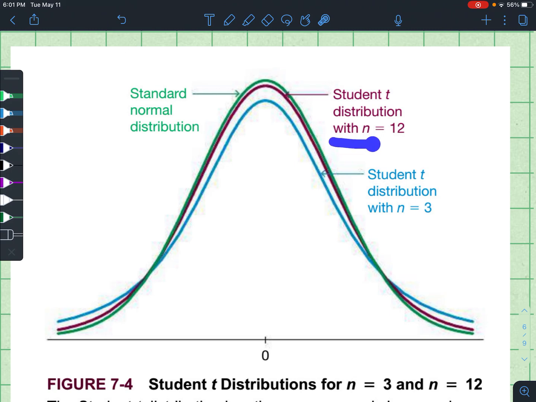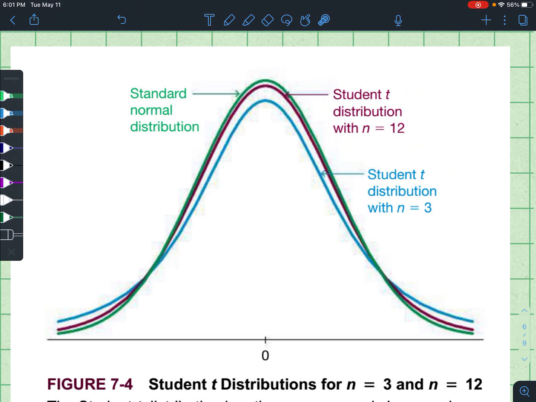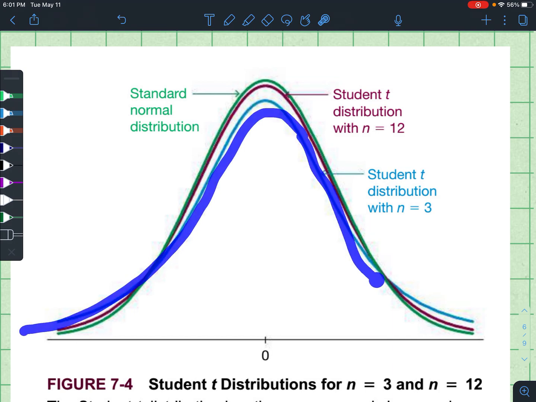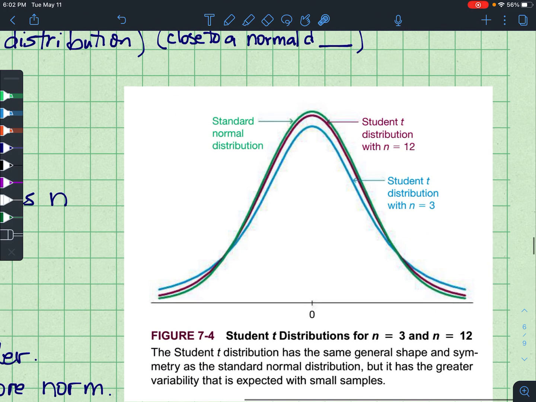Our t distributions are typically shorter. But notice when n is 3, so we only have 3 items, it's above on the tails. That's because if you take away this area here, you have to tack it on over here. So there are your t distributions.